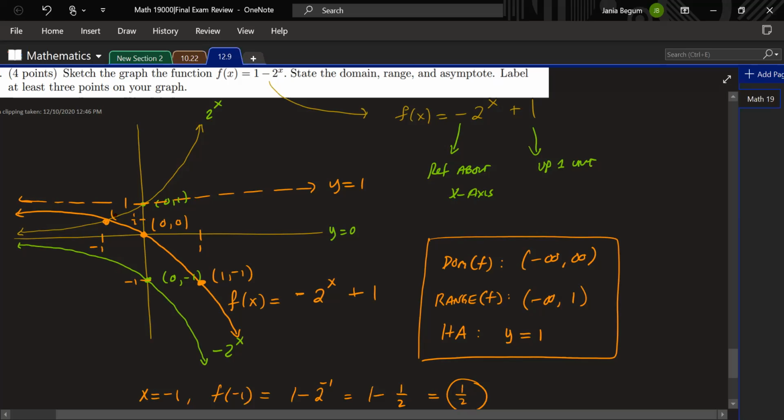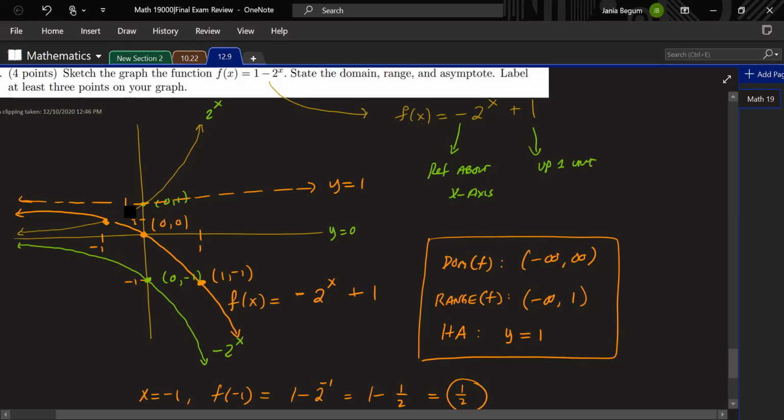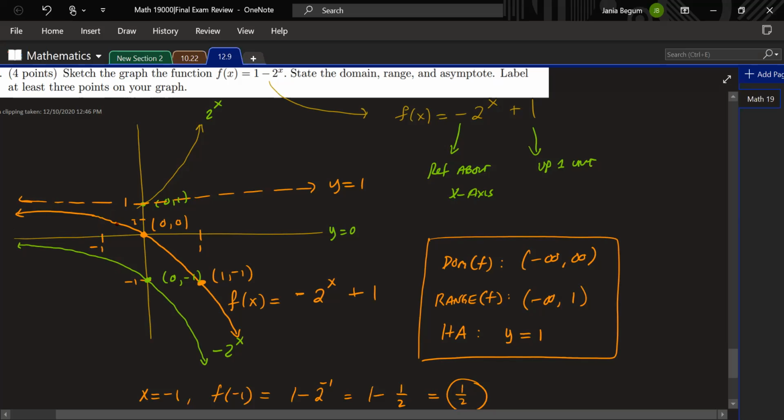Sorry for all of that. Let me just erase this piece because I don't need that anymore. Okay, so now I can label the point. So here we have -1, 1/2. So there you have 3 points labeled on the graph.